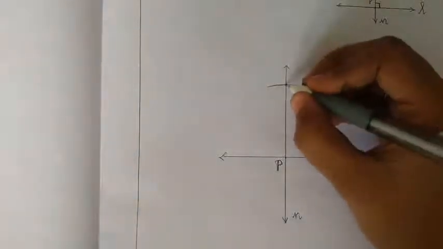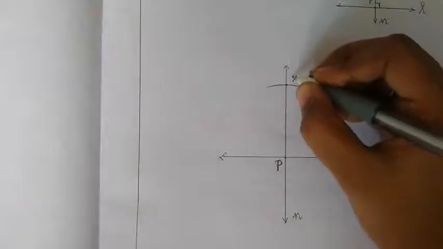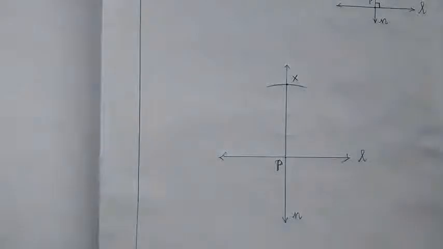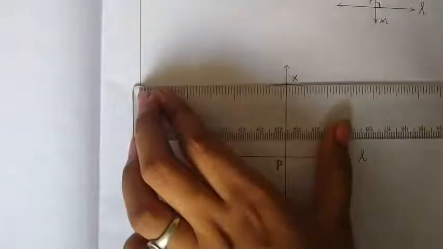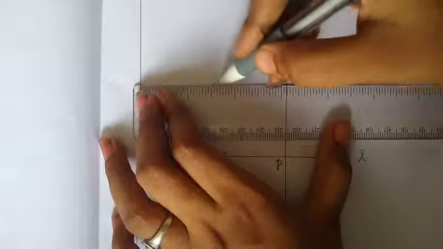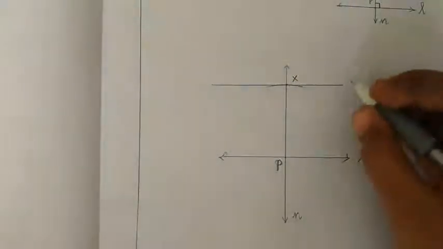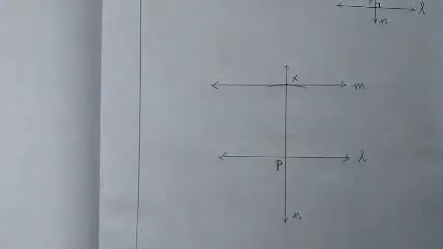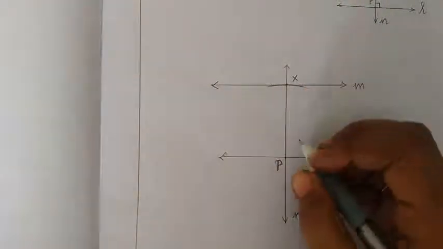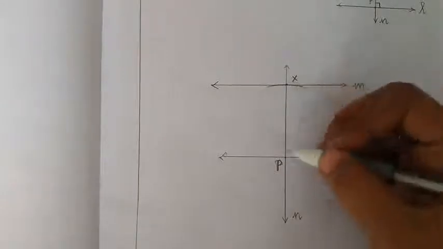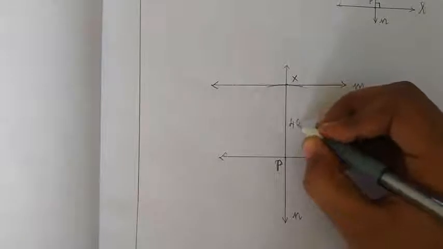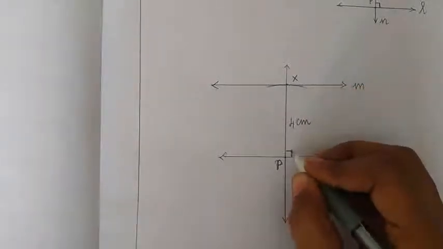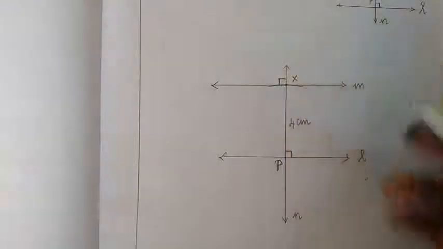This intersecting point we mark as X. Then at point X, draw one perpendicular line, that is M. The length of line segment XP is 4 centimeter. This is 90 degree. This also 90 degree.